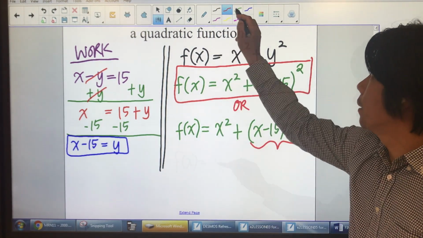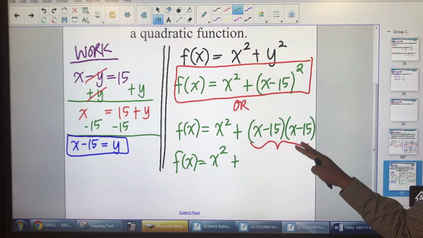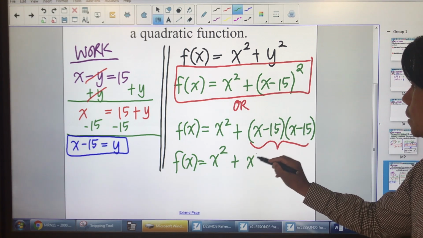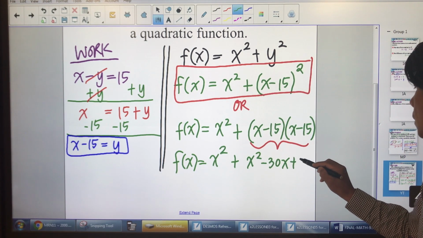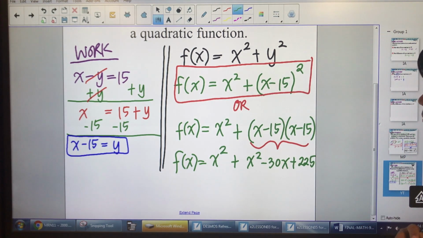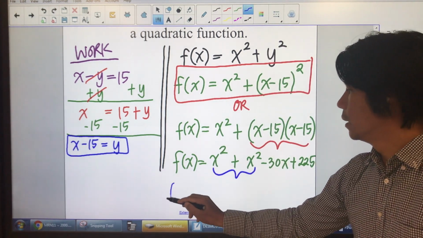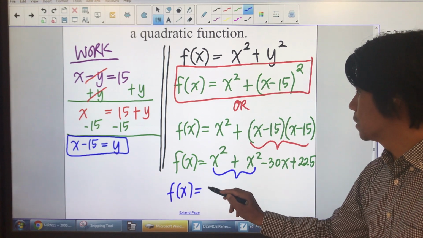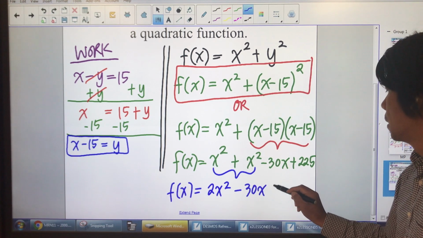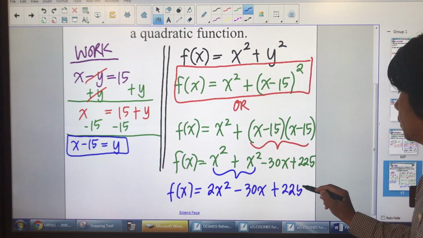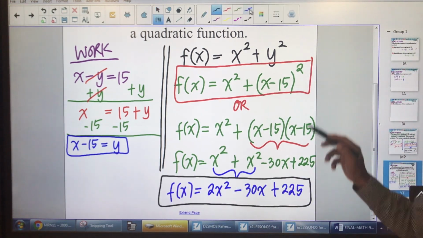You will end up with f of x is equal to x squared plus, again, using the area model, x squared minus 30x plus 225. And then you can combine these two. F of x equals 2x squared, copy that, negative 30x plus 225. And this is the simplified form from that.